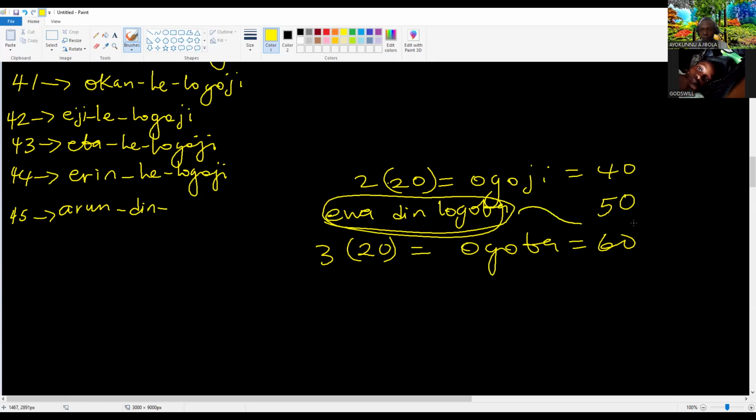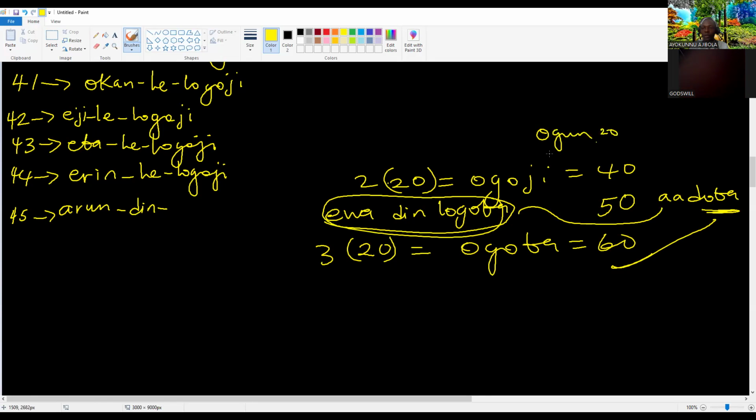Okay? Yes, sir. That Aadota is for 60, okay? Because Ogun is for what? One Ogun is 20, two Ogun is Ogoji. Is that clear? Yes, sir. So three Ogun is 60. So 50 is Aadota. So what do I call it?